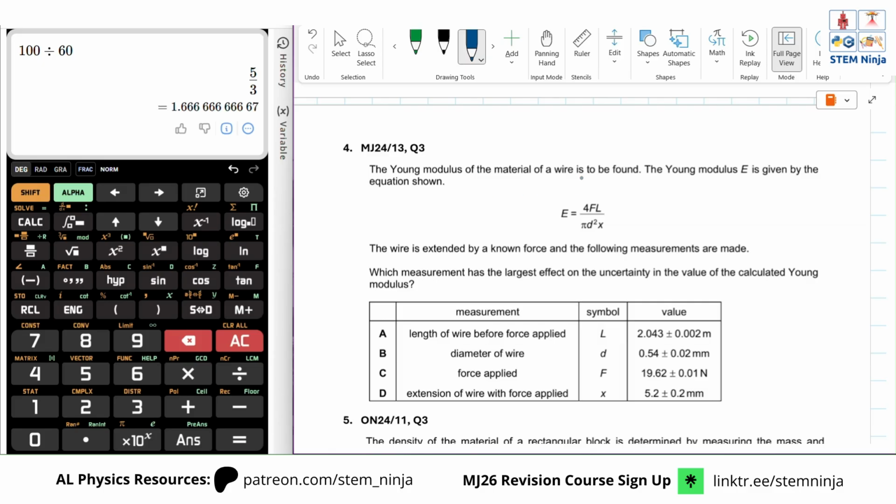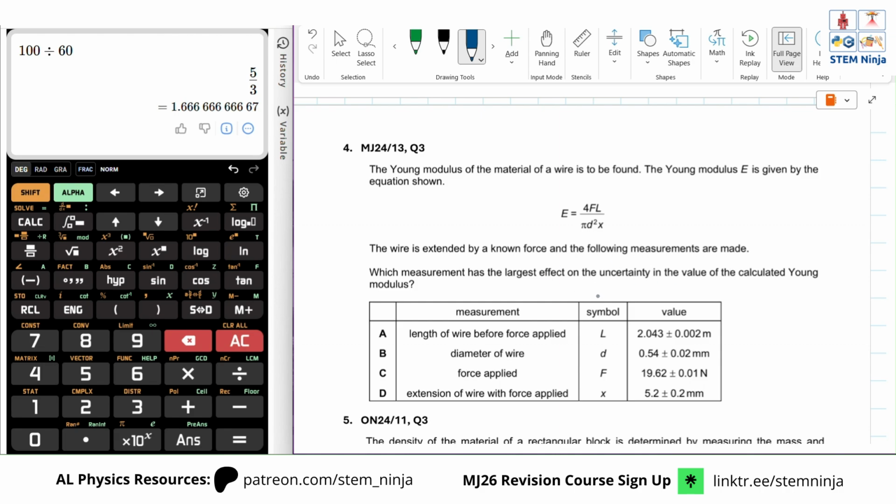The Young modulus of a material of a wire is to be found. The Young modulus E is given by this equation shown. The wire is extended by a known force and the following measurements are made. Which measurement has the largest effect on the uncertainty in the value of the Young modulus?